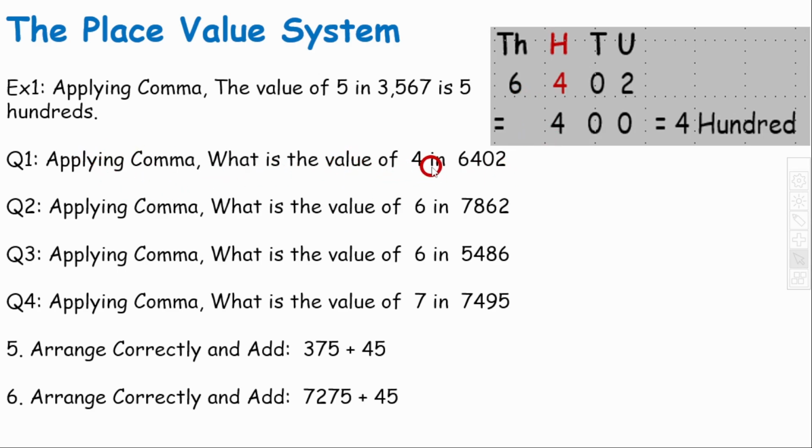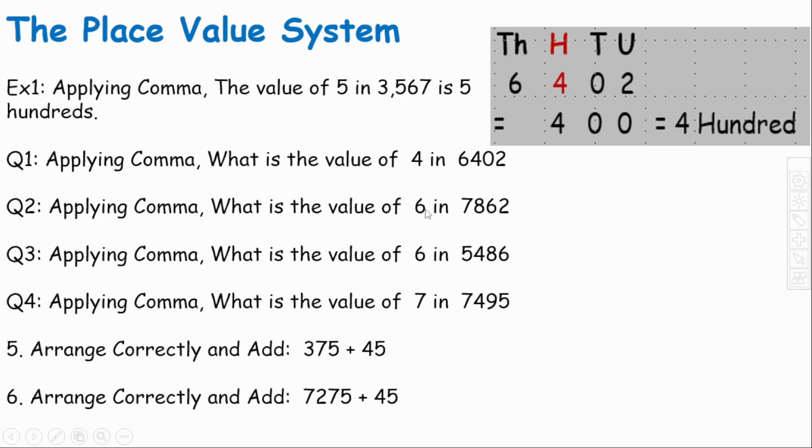What is the value of 4 in 6,402? First we label it unit, tens, hundred, and thousand. Then it means 2 is units, 0 tens, 4 hundreds, which is 400. That is the value of 4 within this number.